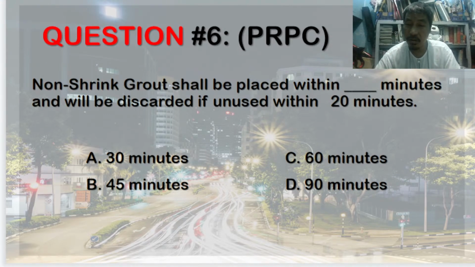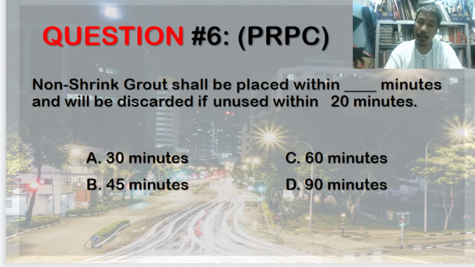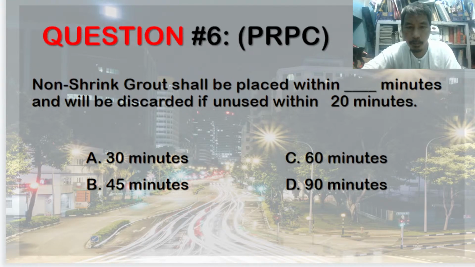Sealing also, or for tiles, for example. So in between the tiles, you are going to put in the grout. So within 60 minutes, the answer is 60 minutes, 1 hour. Within 1 hour, it must be placed, and will be discarded if unused.